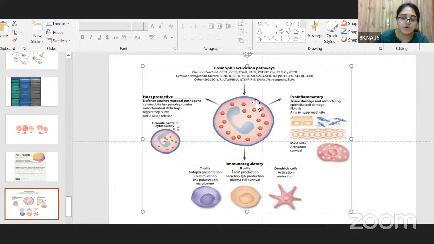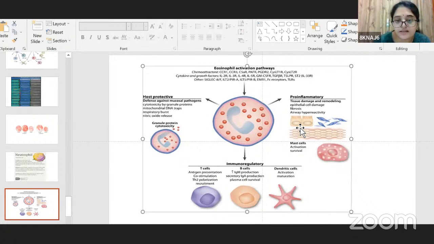The primary granules contain the Charcot-Leyden crystal protein, and the secondary granules have a crystalline core of major basic protein. These cause the damage to the parasites.